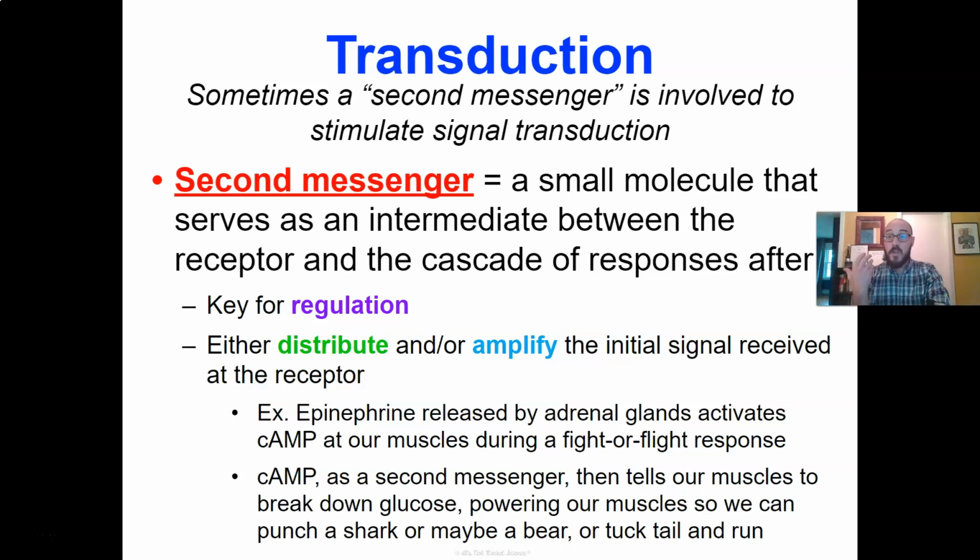If you break down glucose, now you can do cellular respiration. That's what gives you energy. So now you have a whole bunch of extra energy flooding your muscles, and maybe you've got to punch a shark, or maybe you just need to run away. All right. So this is a really good example of a secondary messenger.